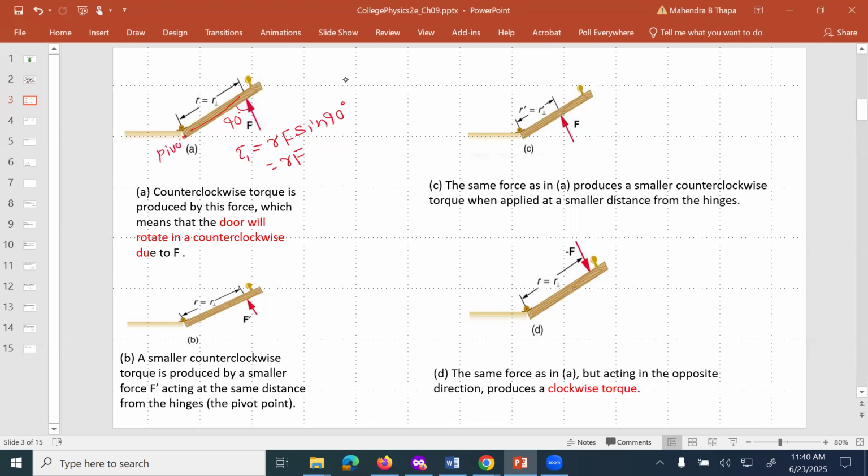This is our pivot point, so it is counterclockwise due to the force F.